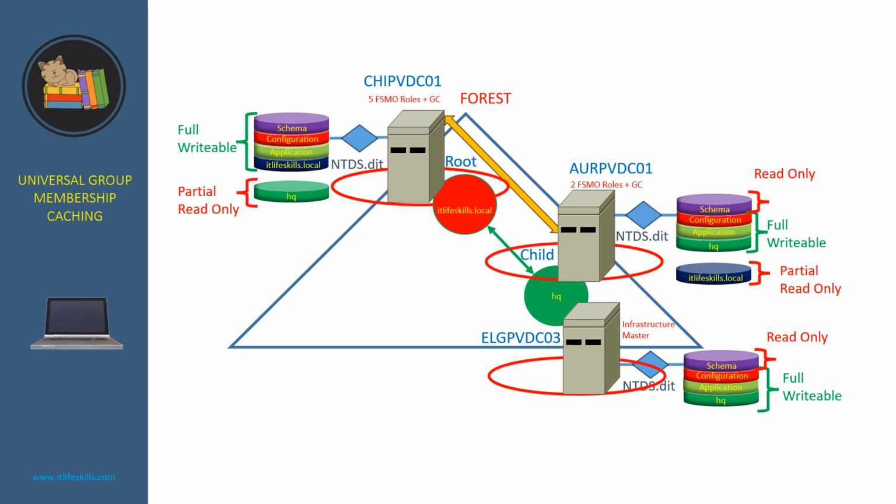Let's explore the physical structure of our AD environment. As you know, we have three sites: Chicago site, which has CPVDC01 as a global catalog server; Aurora site, which has OPVDC01 as a global catalog server; and Elgin site, which does not have any global catalog server, but it has LHPVDC03 as a domain controller.